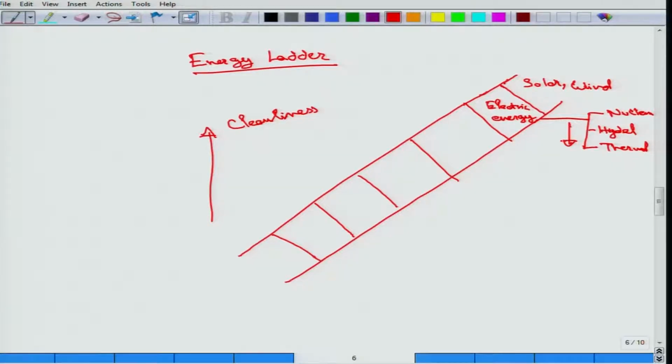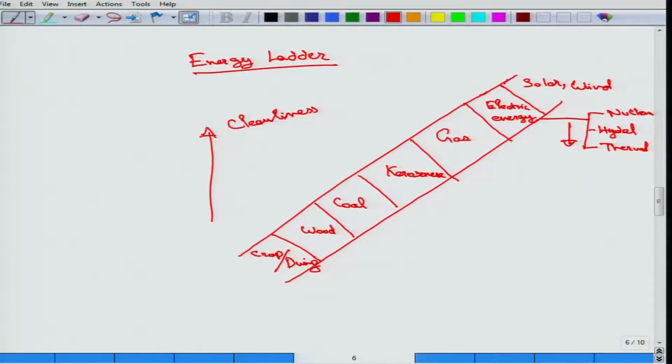Then we have gas, then maybe kerosene, then comes coal, then wood, and then what is used in the rural areas, or in India maybe the crop or animal dung.